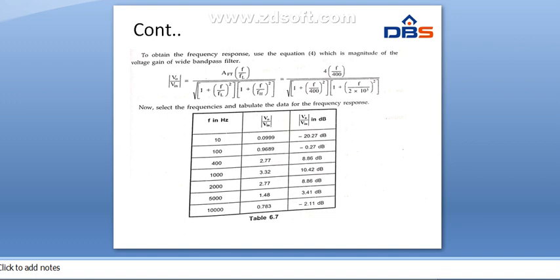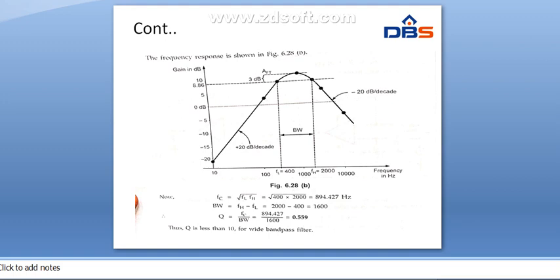If F is 1 kilohertz, it becomes 10.42 decibels. So like that, select different frequencies and substitute them in the voltage gain equation. Then we get the frequency response curve.